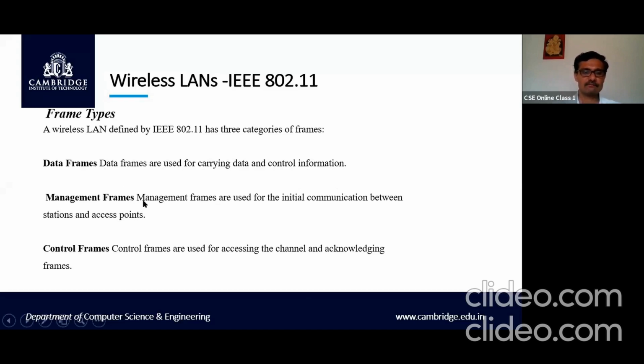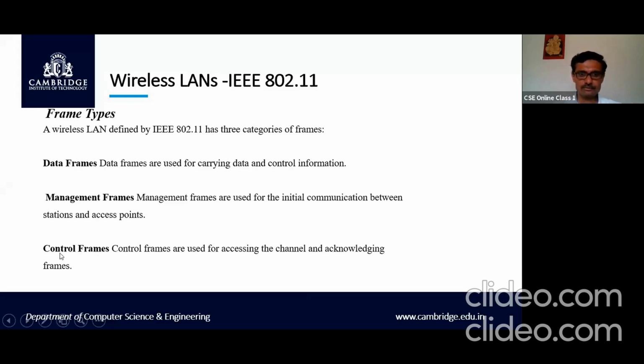Initially, whether a station is ready to send, or it is engaged, or an acknowledgement will come from the other side. So like that, there are some management frames exchanged between the stations. Such a frame is called a management frame.